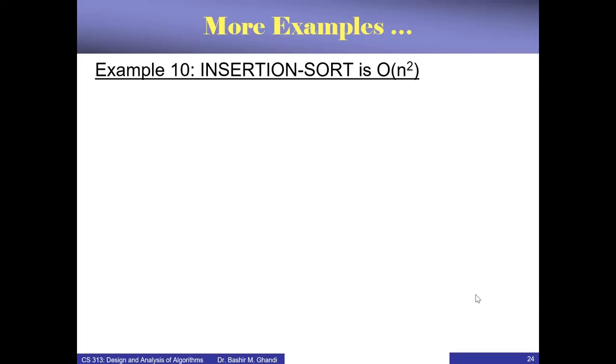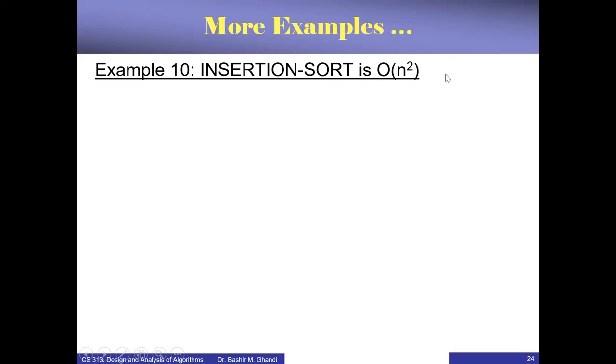Now let's go back to our insertion sort, which we saw in the last lecture. If you remember, we found the running time function to be a polynomial of degree 2. So now we are going to prove formally that insertion sort is big O of n squared.